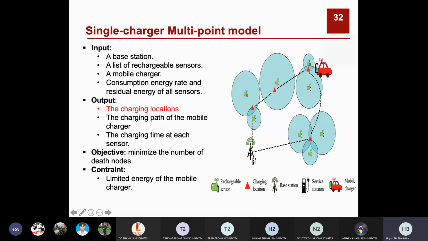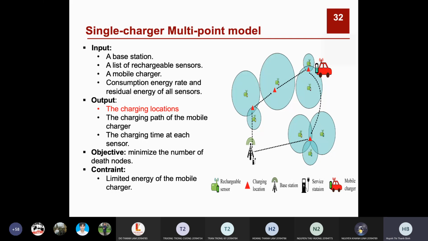The mobile charger will come to a triangle, and at this red point, it can provide energy for some sensors near it, for example, the 2 circles around the red triangle. So this problem we call the multi-point model.